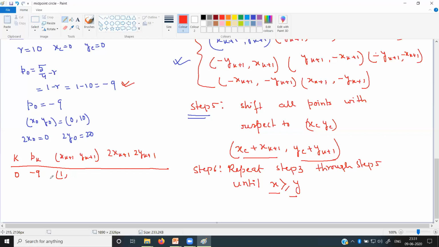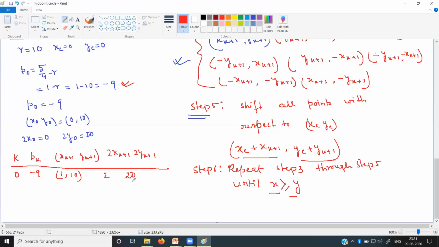As we are pushing the points towards the boundary, we have to consider the y as the next y value. So here yk plus 1 will be 10. So now xk plus 1 is 1 and yk plus 1 is 10. So what will be 2xk plus 1 and 2yk plus 1? This will be 2 and this will be 20.